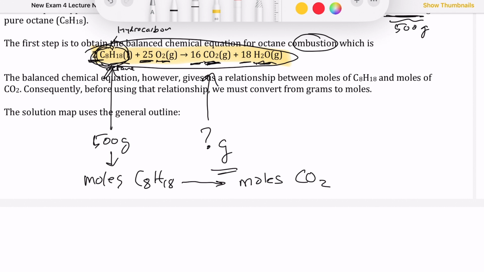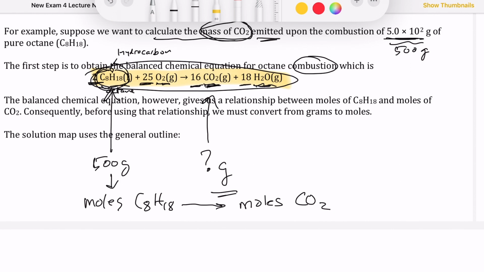All we need to do is use the equation to help us convert. Then once we have the moles of CO2, we're not done yet because they're asking for the mass of CO2, so we need to convert it back to mass of CO2. That's our final answer. So it's a 3-step process: step 1, step 2, and step 3.